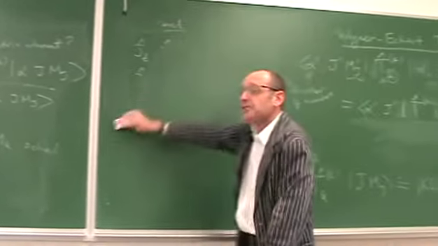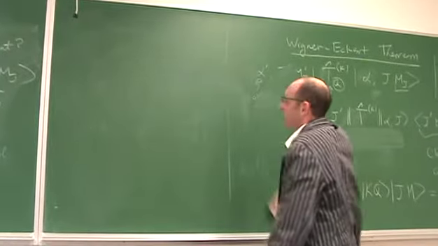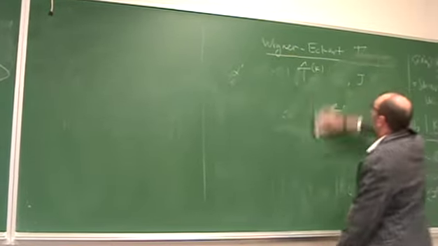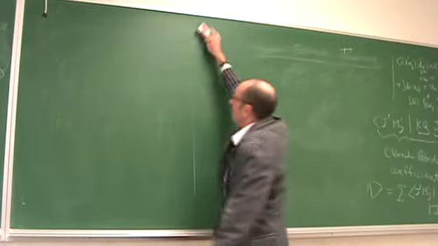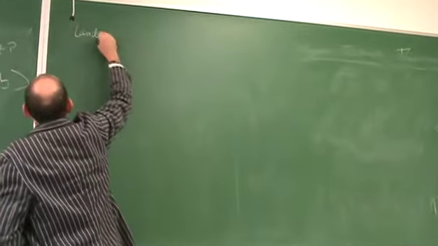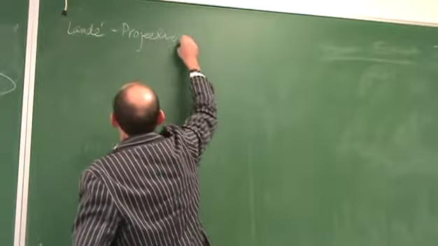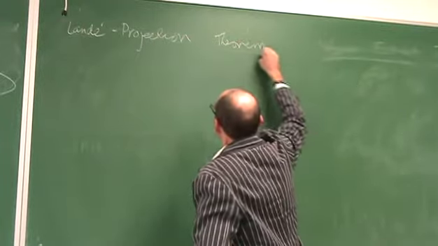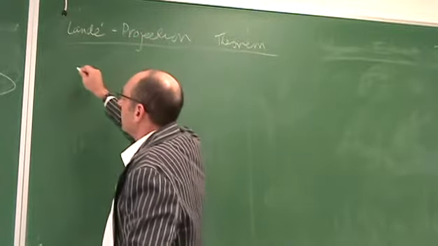Except in one case, there's one case where the Wigner-Eckhart theorem gives us a giant simplification. And that's the Landé projection theorem, which is what you have in homework, but let me just say a few words about that. The Landé projection theorem is a special case of the Wigner-Eckhart theorem, and it says the following.